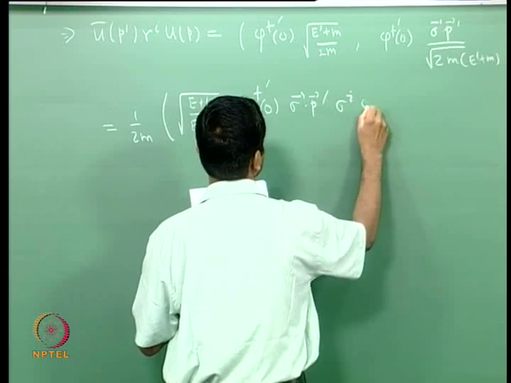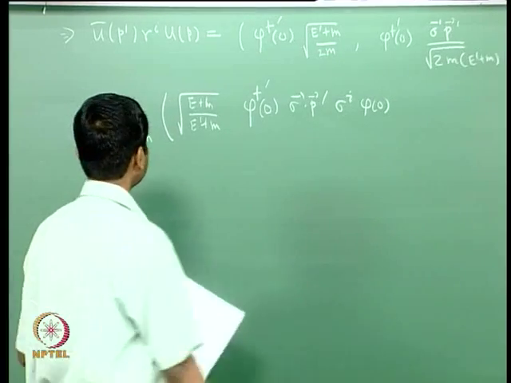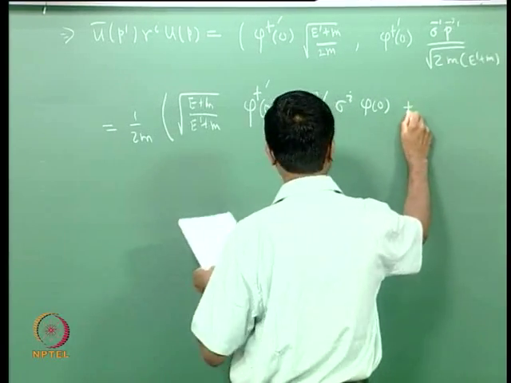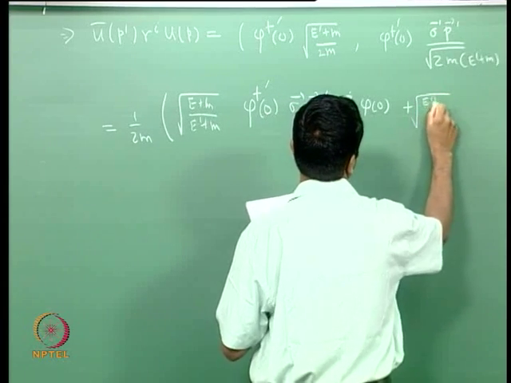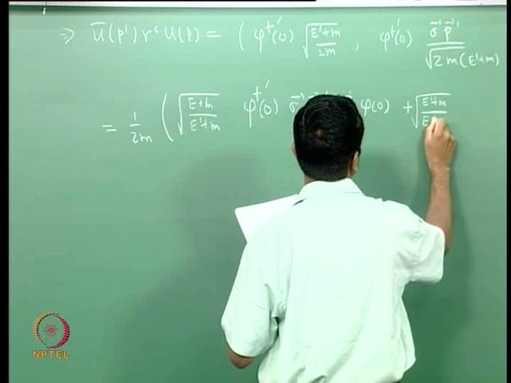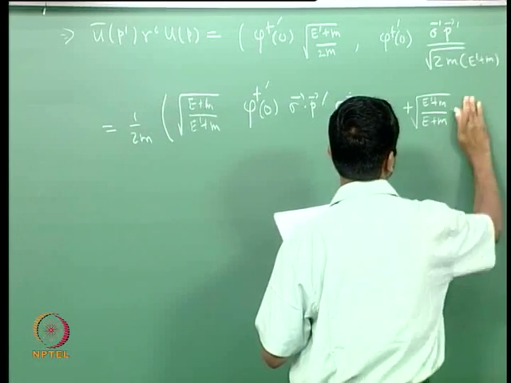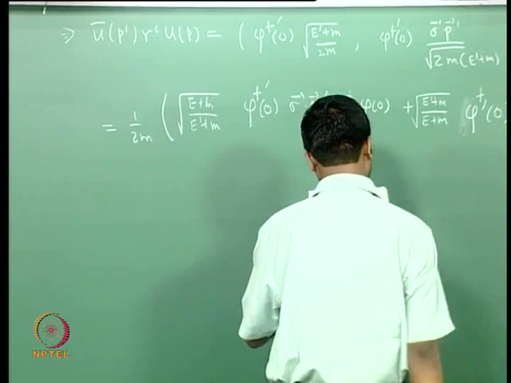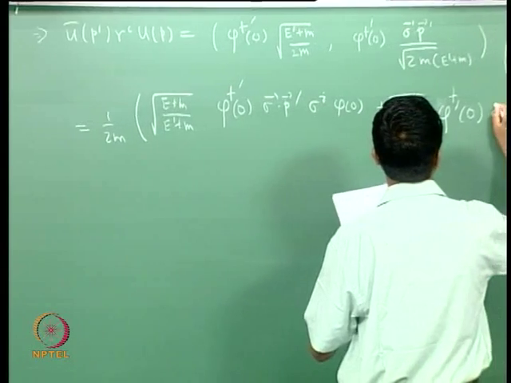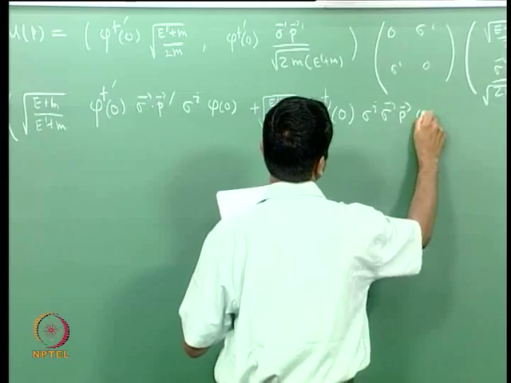And then √((E′ + m)/(E + m)) φ′†(0) σ^i (σ·p) φ(0).